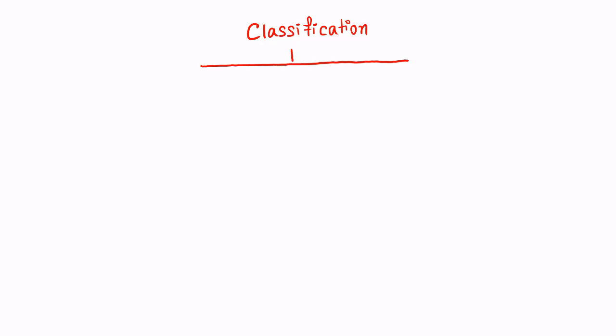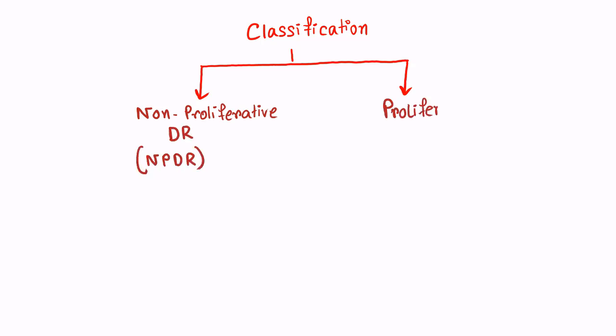DR is of two types: non proliferative DR or NPDR and proliferative DR or PDR, which is characterized by new vessel formation.